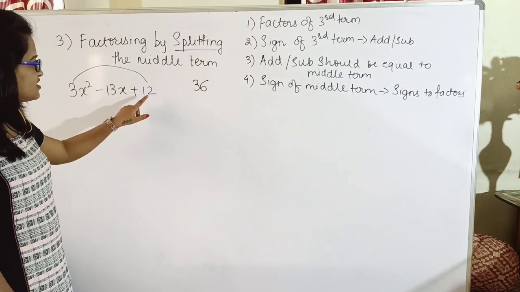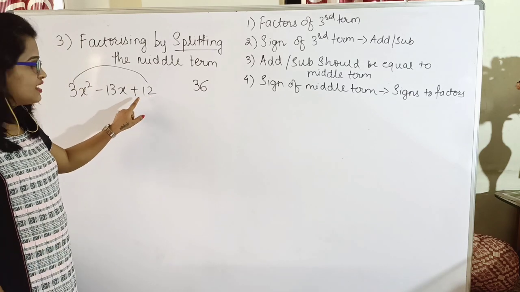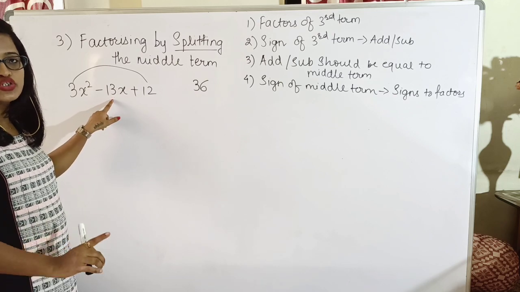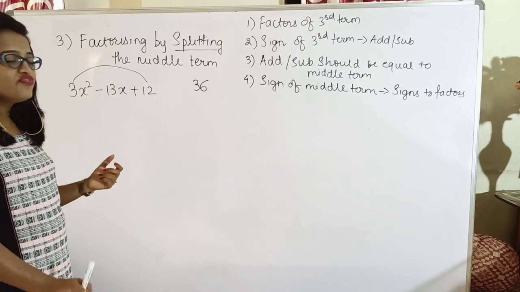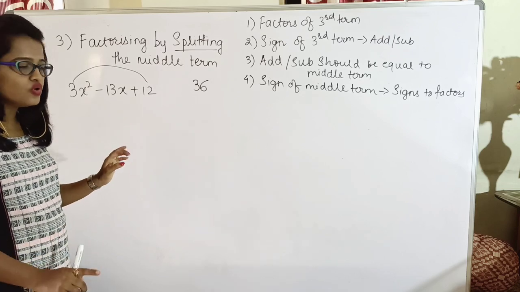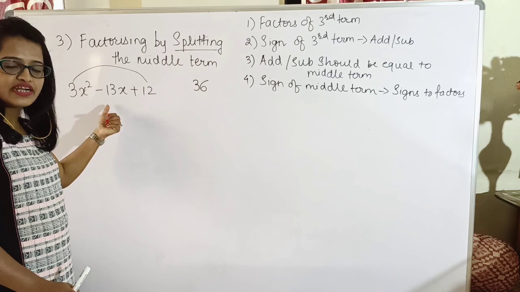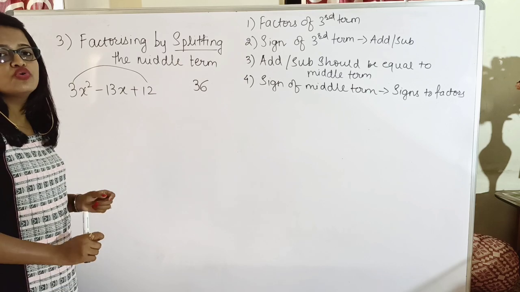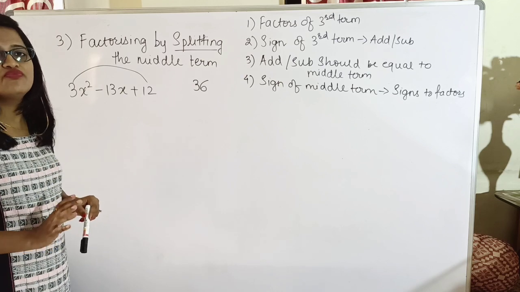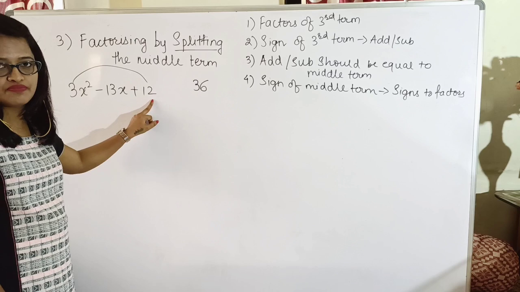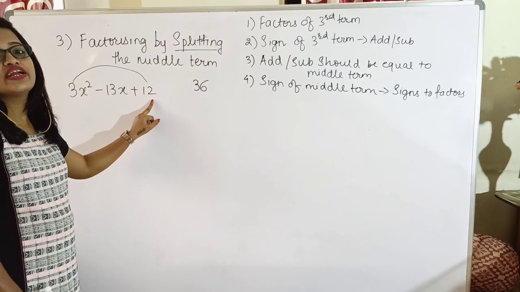Because as you can see, the factors of 12 whose addition is 13 are pretty easy: 12 and 1, because 12 plus 1 is 13. But if you didn't multiply, you will get a wrong answer, though you are getting factors whose addition is equal to 13. That is not the right method. If the coefficient of x square is having some value other than 1, you have to multiply it with your third term and find the factors of that.